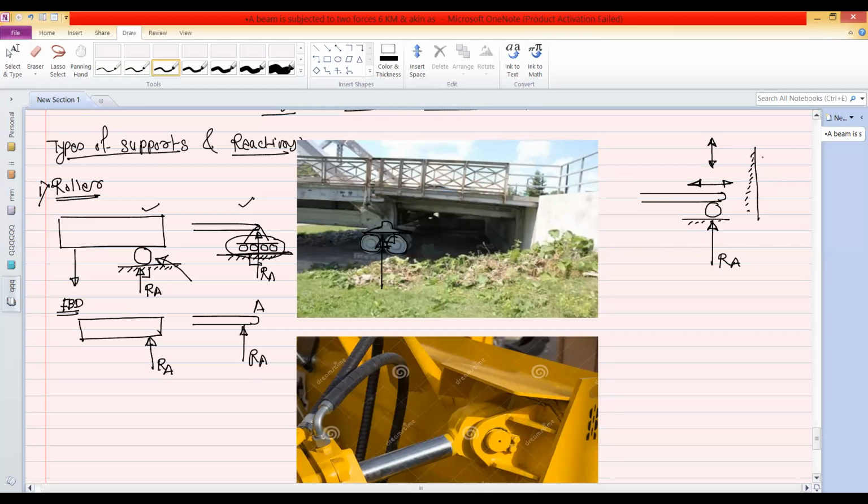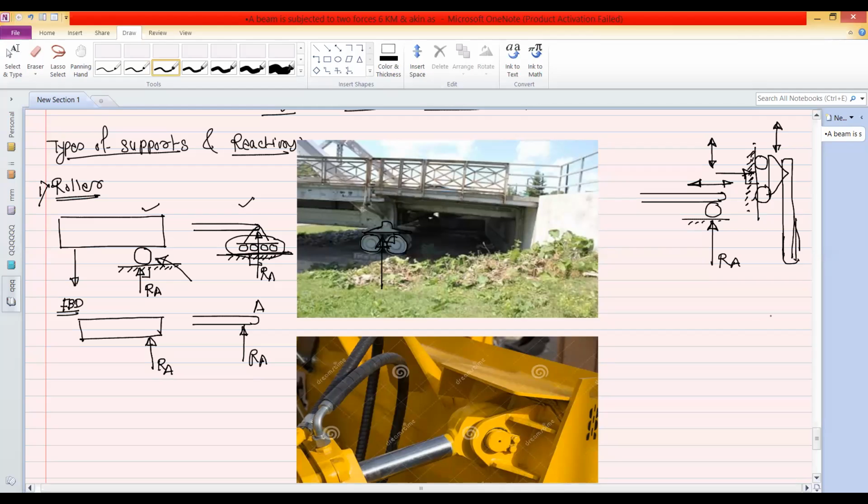Suppose we have one system and roller, it is mounted in the vertical direction like this. And there is one object which is supported or it is constrained only in the vertical direction. So it will allow the free movement in this direction, that is a vertical direction, and it will offer the reaction in the horizontal direction, which is perpendicular to this surface.